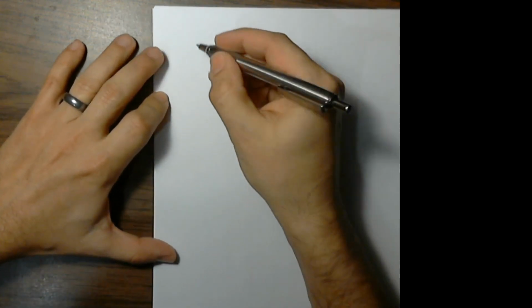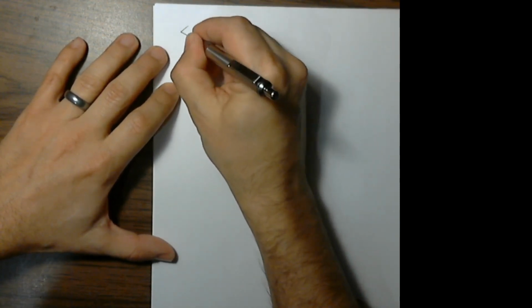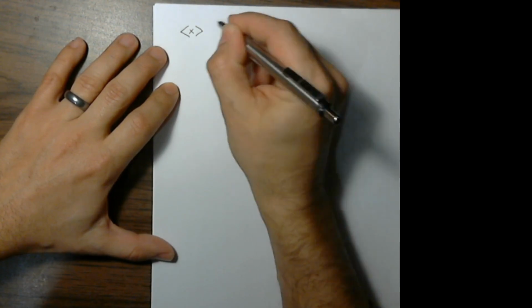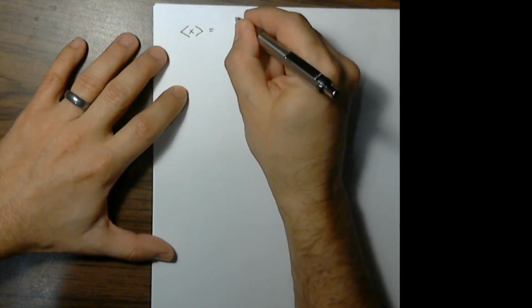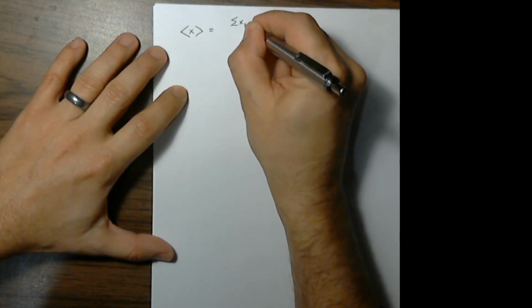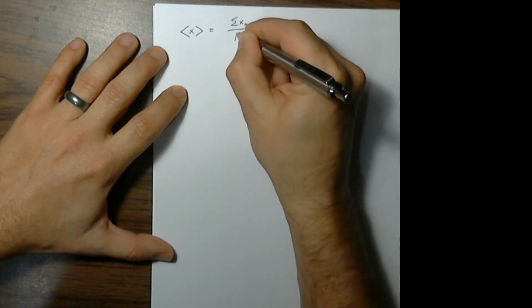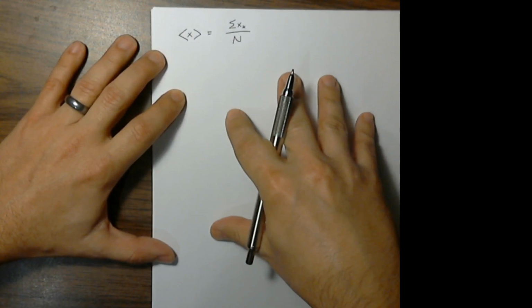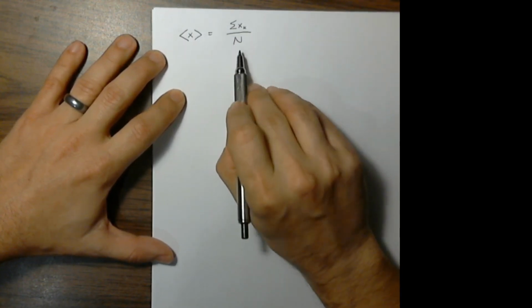So far we've developed the idea of the expected value operation. The expected value of some quantity, we said, was just the sum of all the measurements for that quantity divided by the number of measurements. And what we've said, but not really emphasized very heavily, is this is true when n is very large.